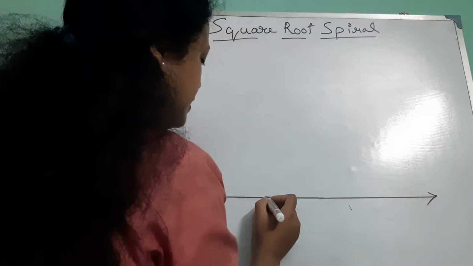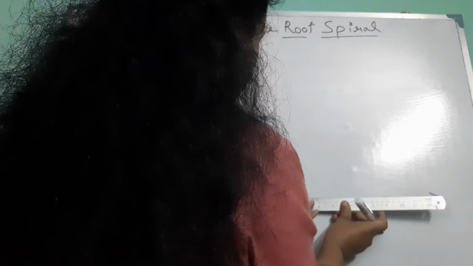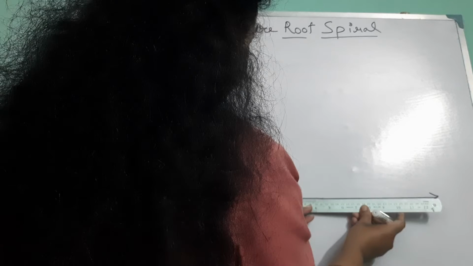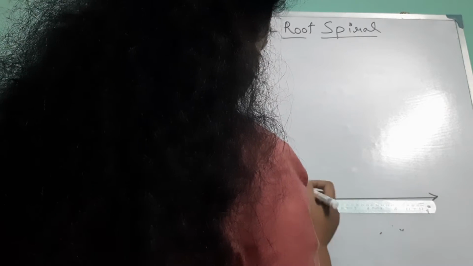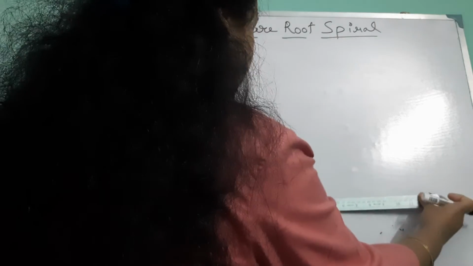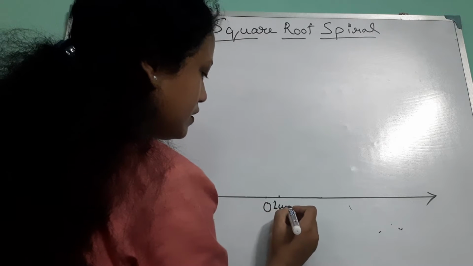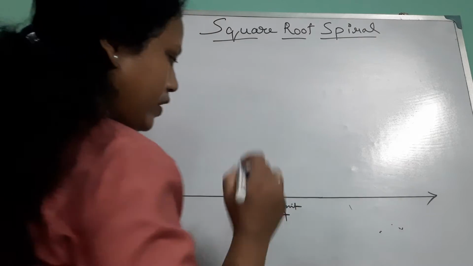In the middle there is a point 0, and taking 1 unit, let this point be A.